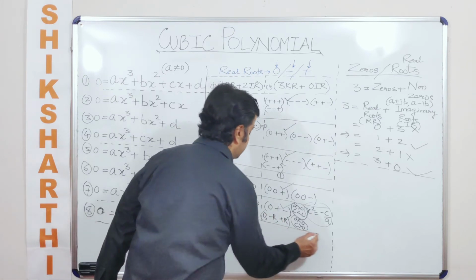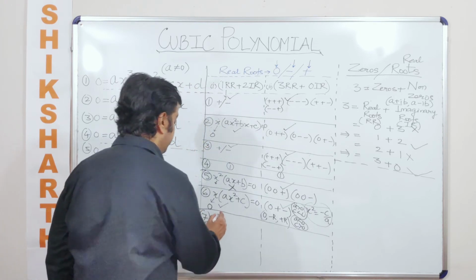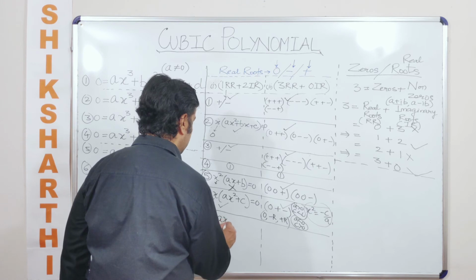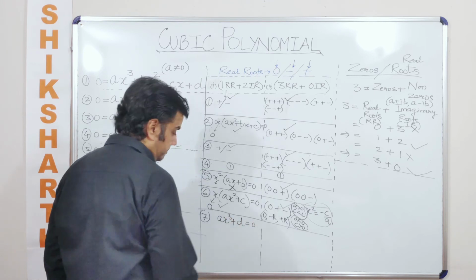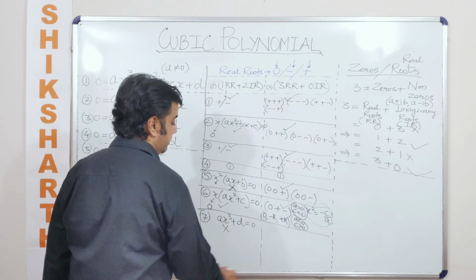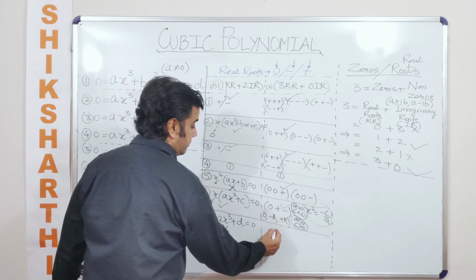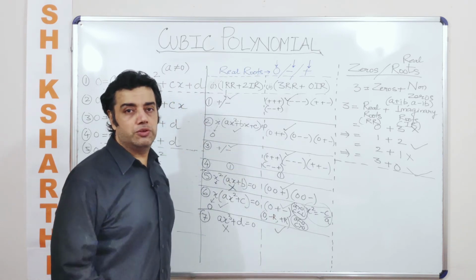Okay, let's talk about case number 7. When we are talking about case number 7, we are basically referring to a x cube plus d is equal to 0. Right? In this case, you will never have one real root. You will always have three real roots, but all the three real roots would be equal to the same value.